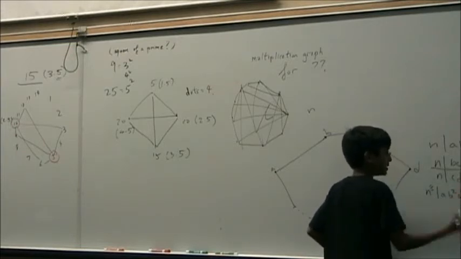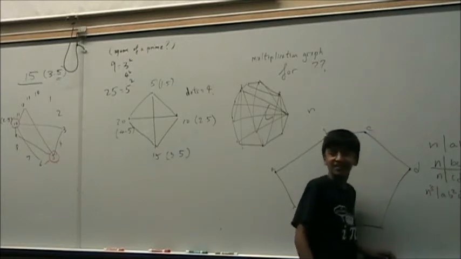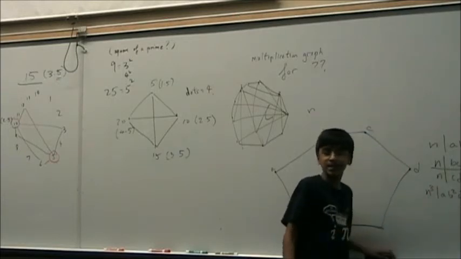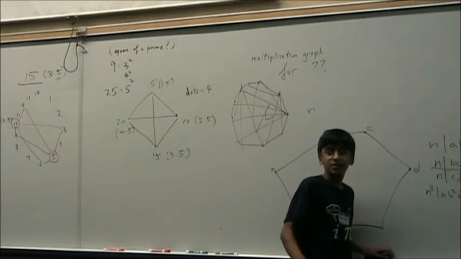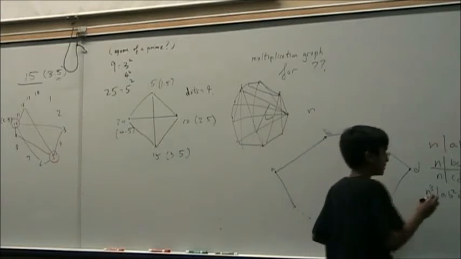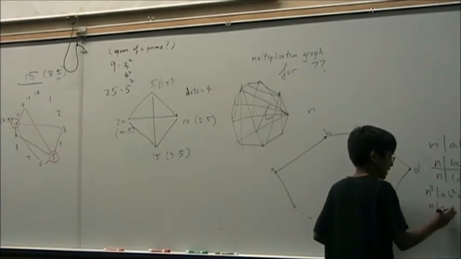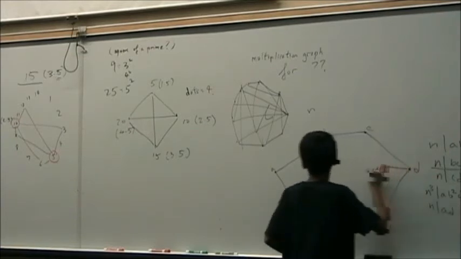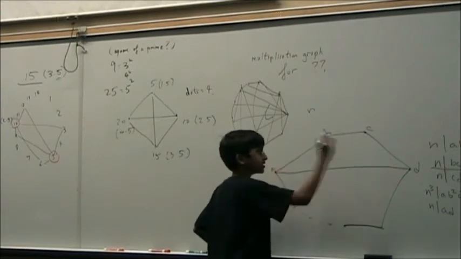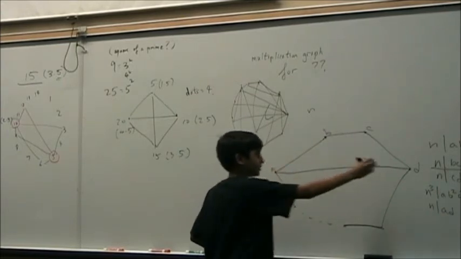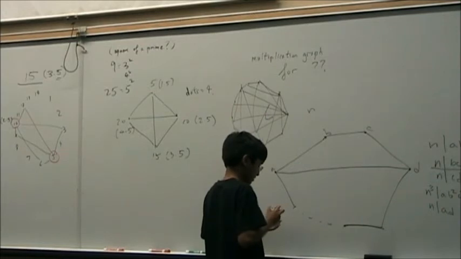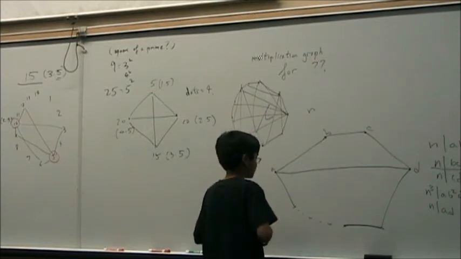How do you know that? Because you're just squaring it. If n goes into b times c, then n squared should go into b times c quantity squared. And so when you plug that in, you just get n divides a times d, meaning that there is a line here, but that goes against having no such line. So thus there's no possible way. Very nice.